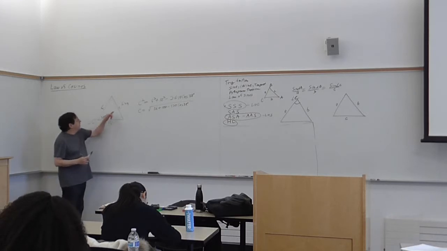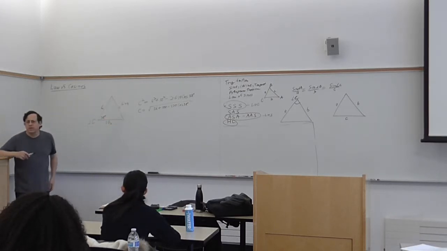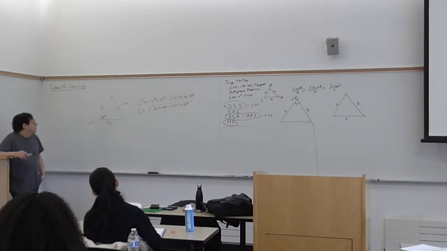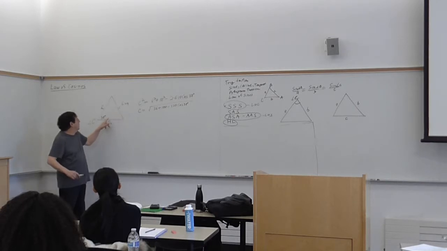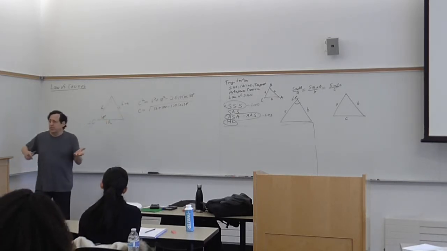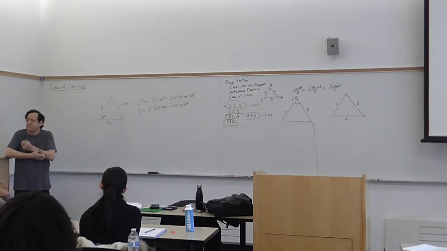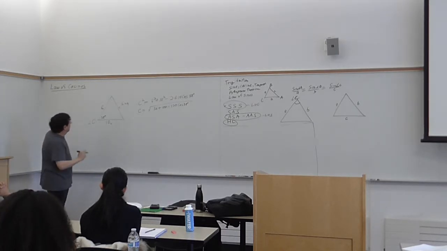I mean, I have 3 sides, so I could go back and use the law of cosines again. But I also have a ratio here, c and the sine of 38. So I could use the law of sines to complete this. I guess we should try one of those.